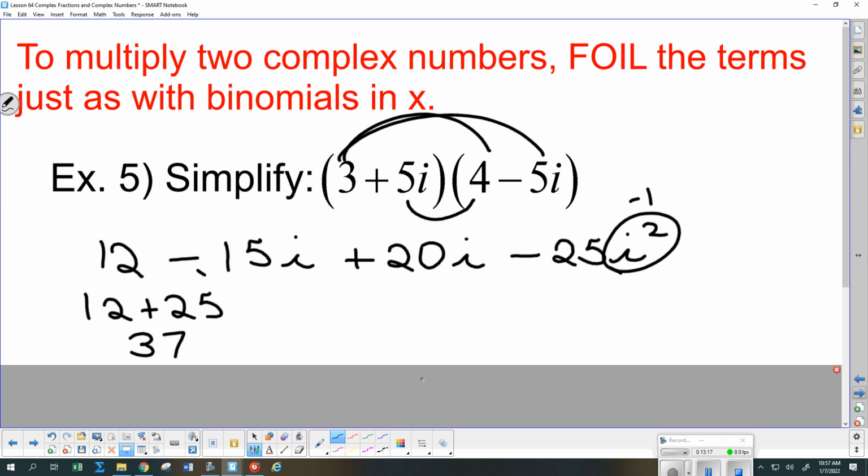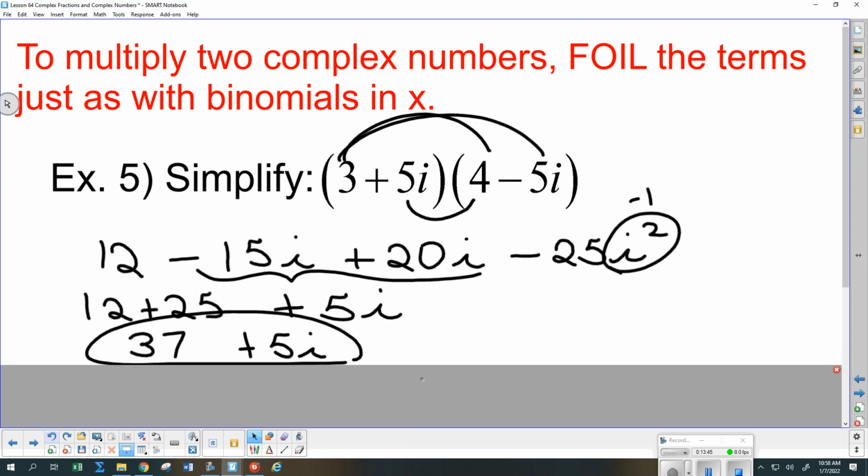And then if I put together minus 15i plus 20i, what do I have, everybody? I don't have plus 5. I'm not going to say 37 plus 5 is 42. We'd have to write an x if that were an x. Since it's an i, we write it as a plus 5i, and there is my i at the end. So questions from anybody else?